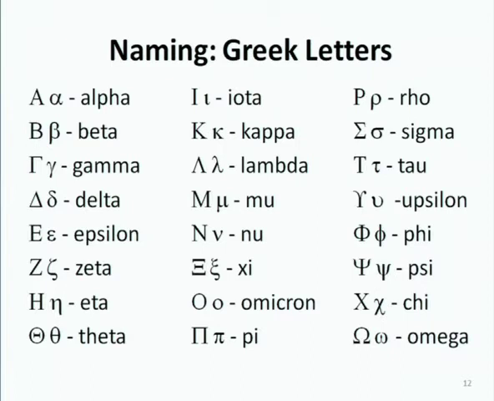This is gamma, delta, epsilon, zeta, and again there are a couple of pronunciations, eta, same rules, theta, iota, kappa, lambda, mu, though some people will pronounce it differently, which is what it would be in actual Greek, and the same with nu.